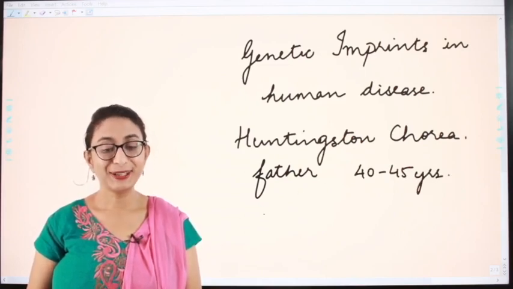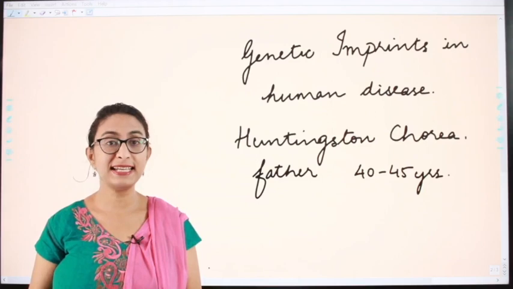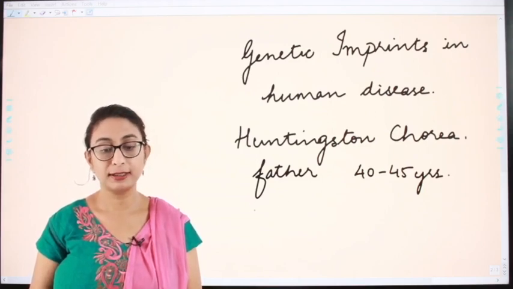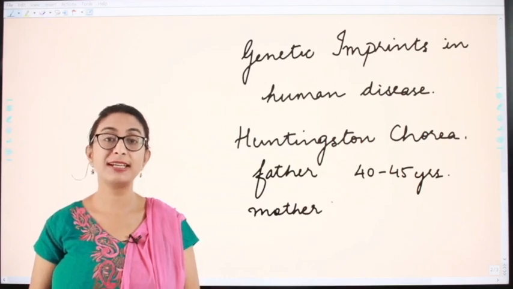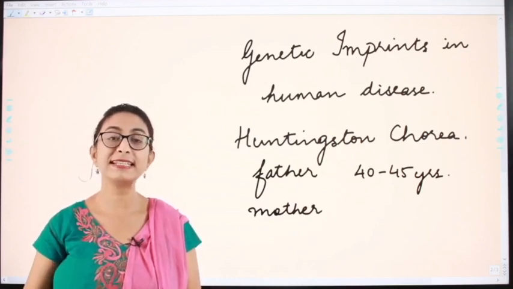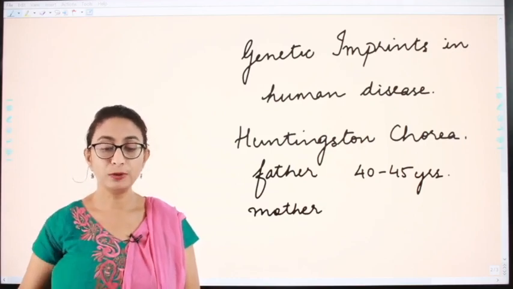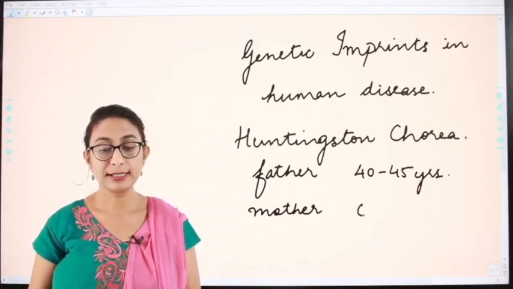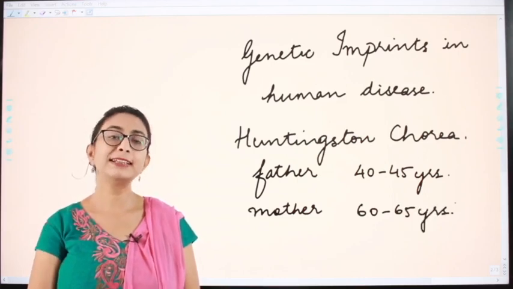If you are getting the genes for this disease from your mother, then you will get the disease at around 60 to 65 years of age.